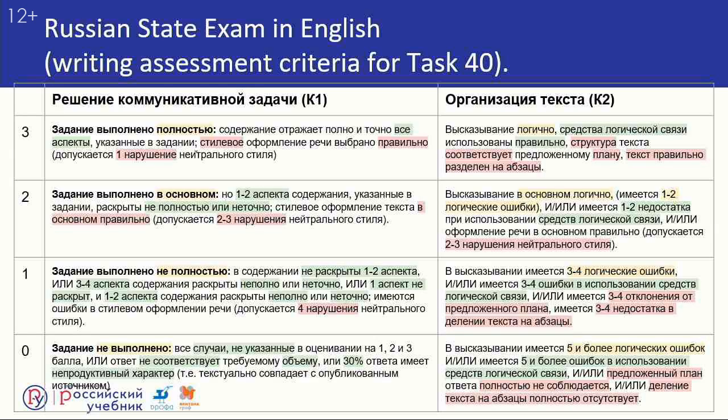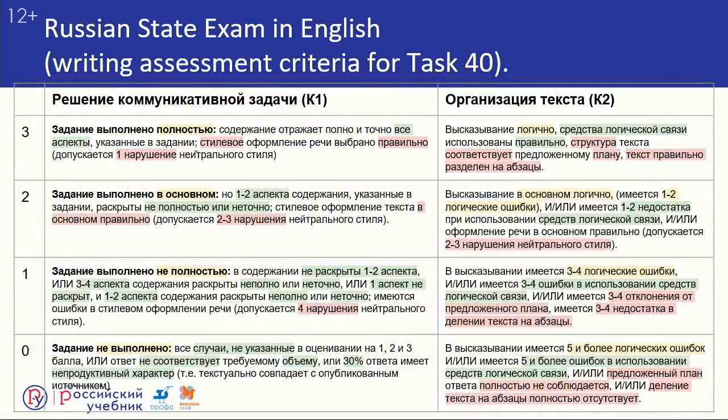There can be only one kind of mistake or stylistic inappropriacy, right? Только одно нарушение. And this is our keyword which we want to highlight. We don't want to highlight the word допускается. We don't want to highlight the word нейтрального стиля, because this is the word which is repeated at all the levels, right? We just want to highlight something that should stand out in this descriptor for us, right?